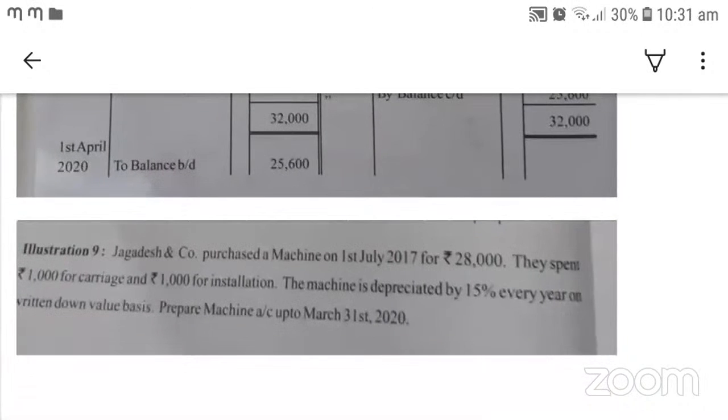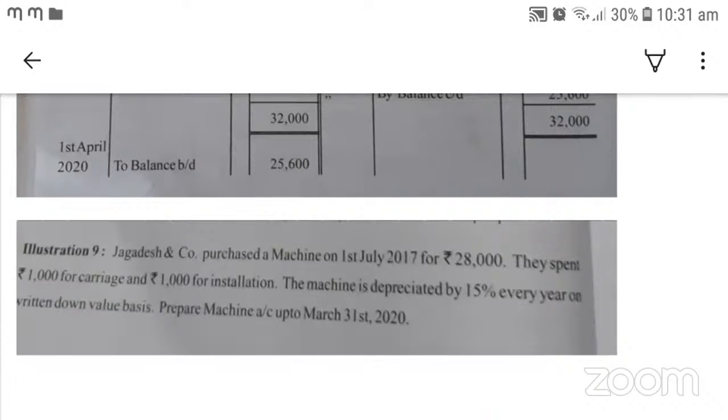Okay, one example. We will see one example. Jagadish and company purchased a machine on 1st July 2017 for 28,000. Okay, he had spent 1,000 for carriage and 1,000 for installation.